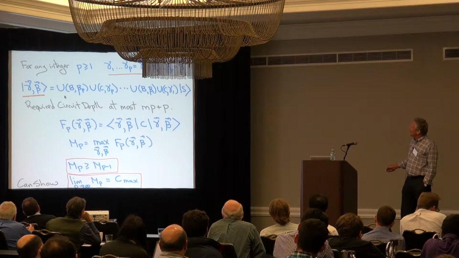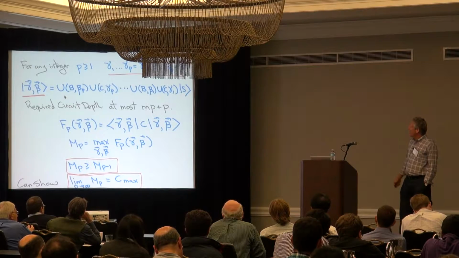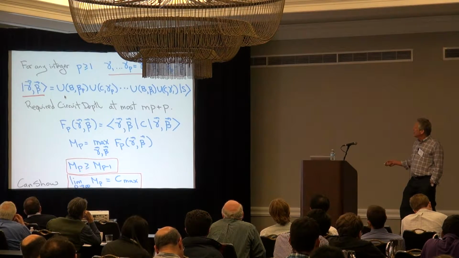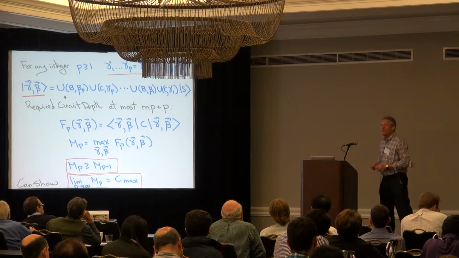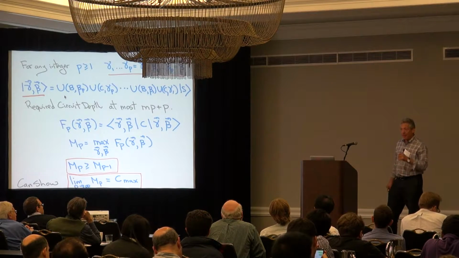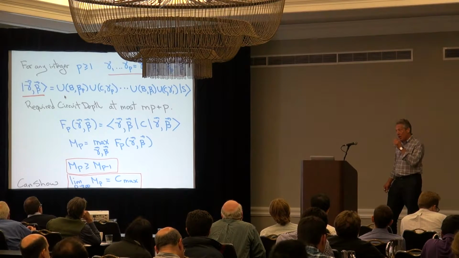So it means that in the limit as p goes to infinity, you do go to C max. But that's just a fact which I'm not that interested in, because I'm actually interested in this algorithm for p small. I'm going to be caring about p equals 1, 2, 3, low depth. But that's just an interesting fact, that as p goes to infinity, it produces the perfect answer.